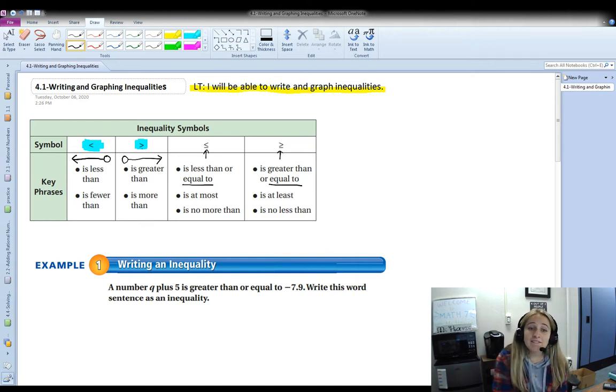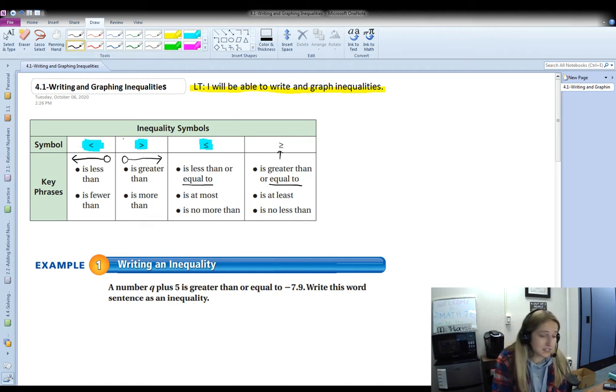And so if it does not have that line underneath, notice that that circle, when you graph it, stays open. It's an open circle, okay? So you can probably take a guess, but let's say we're talking about this one right here. This means is less than or equal to, or is at most, or you can also say it is no more than.